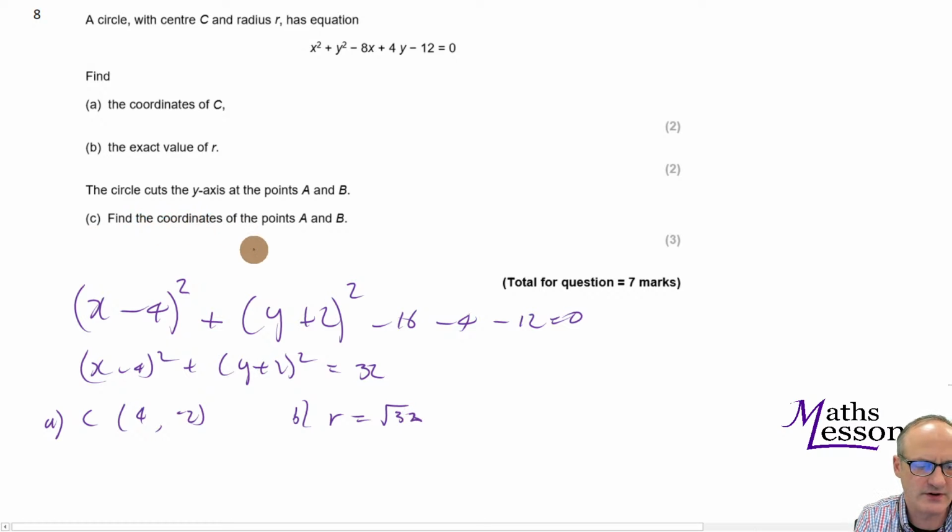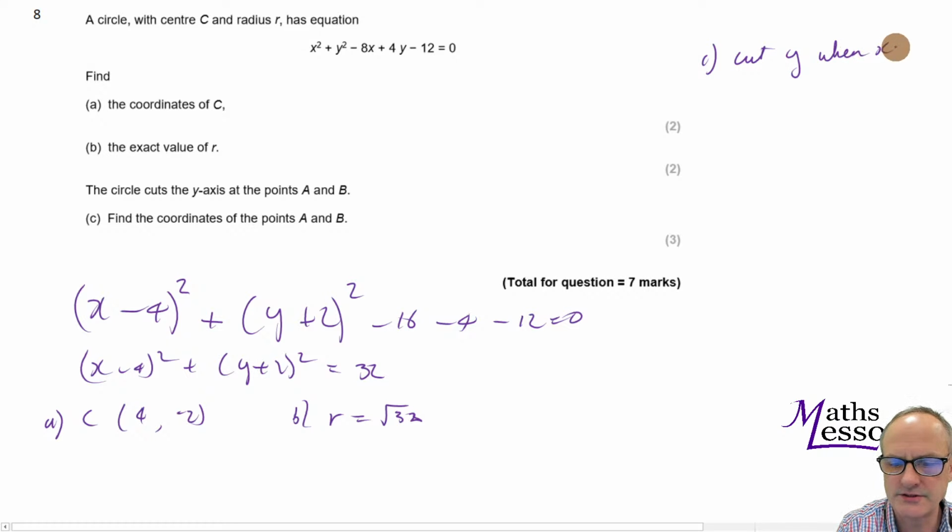So for part C, find the coordinates of A and B where the circle cuts the y-axis. So it's going to cut the y-axis. Let's do part C up here. It's going to cut y when x equals 0. So it's easier to put x equals 0 into this, and we're going to get y squared minus 0 plus 4y minus 12 equals 0.